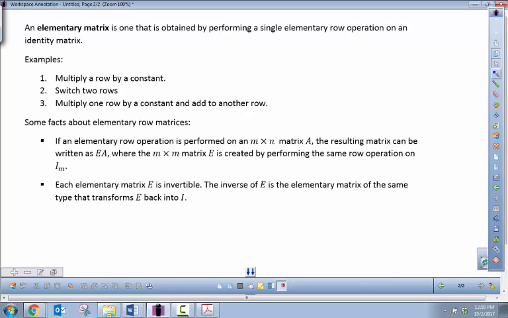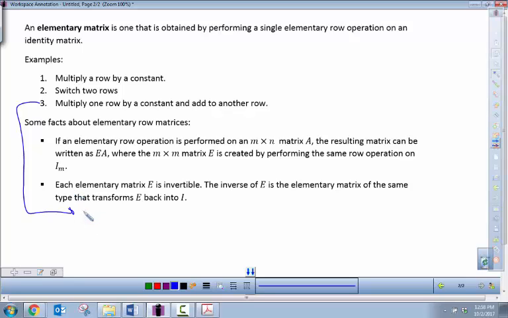So if we take an example, switching rows is pretty easy. Let's take the example of multiplying one row by a constant, adding to the other row. So, for example, in a 3 by 3, if we multiply, say, the first row by 2 and add it to the last row, then that elementary matrix is going to look like the identity matrix with this operation made on the identity matrix.